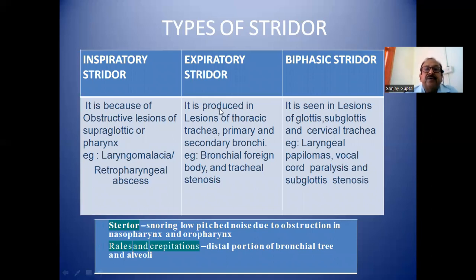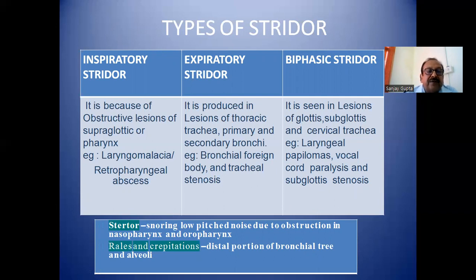Expiratory stridor is produced by lesions of thoracic trachea, primary or secondary bronchi, and examples of such type of expiratory stridor are bronchial foreign body and tracheal stenosis. Now the biphasic stridor is seen in lesions of glottis, subglottis and cervical trachea. Examples of this type of biphasic stridor are laryngeal papillomas, vocal cord paralysis and subglottic stenosis.